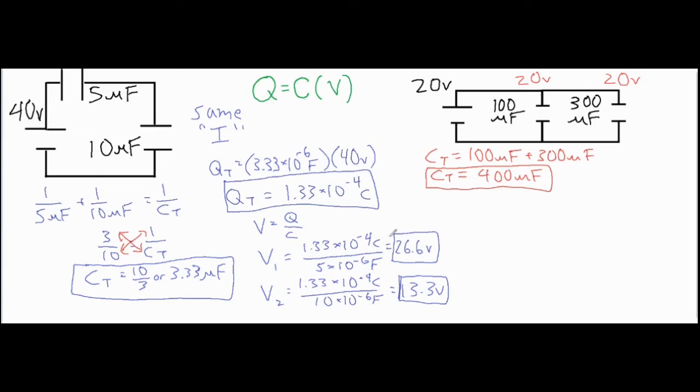So for this one, we don't have to solve for a voltage value. We're going to work our way in the other direction, and we're going to find our Q values. So we're going to go ahead and use Q equals C times V, and then solve for our Q value for each of those capacitors.